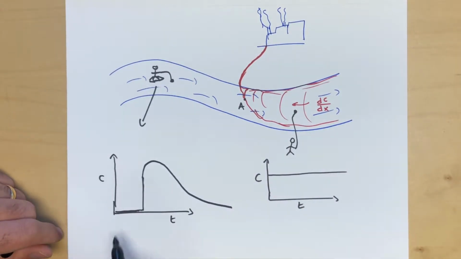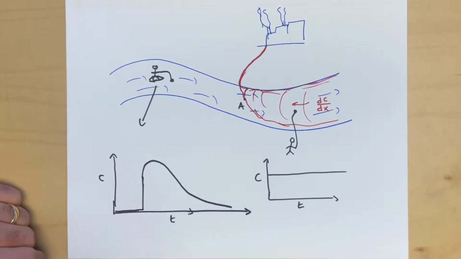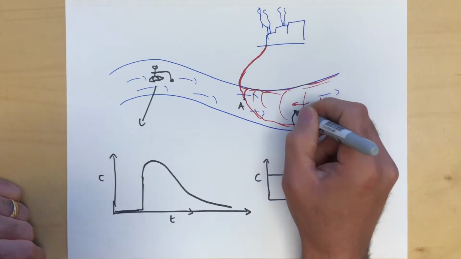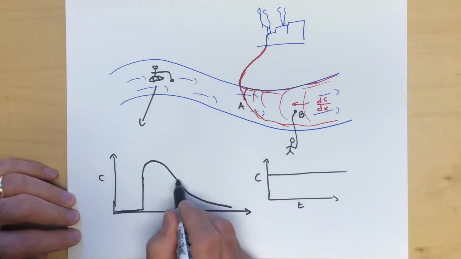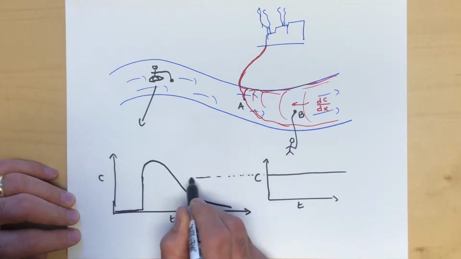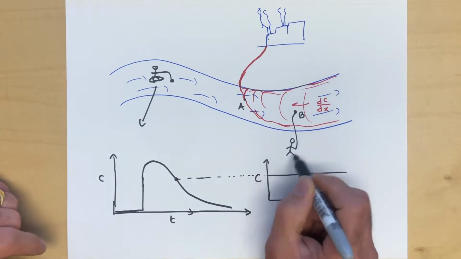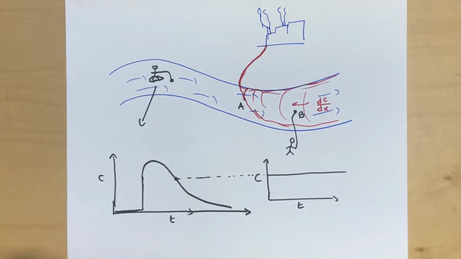But from the perspective of the boat, they're measuring this with respect to time. Now, as they approach this point, let's call it point B, that concentration needs to be identical to the one measured by the person in the Eulerian frame.